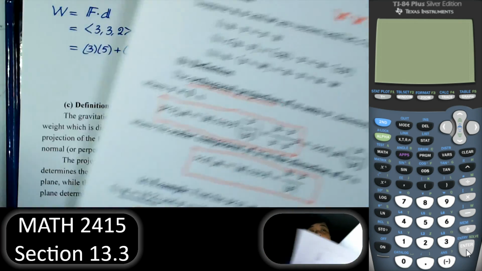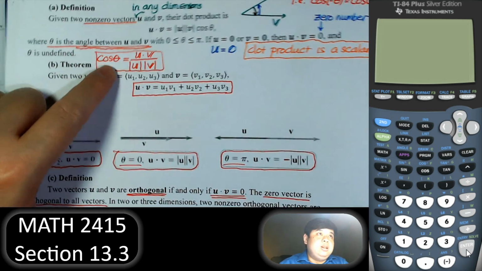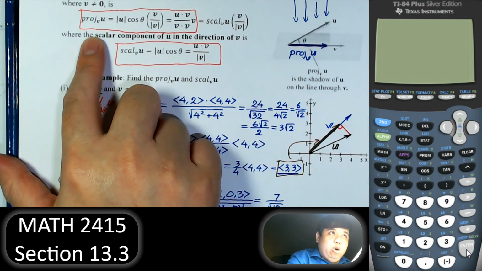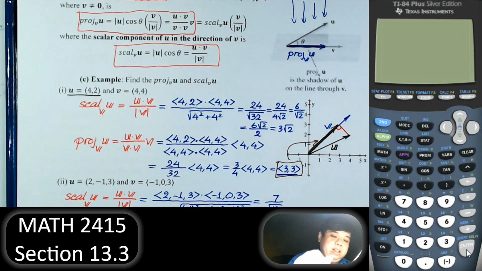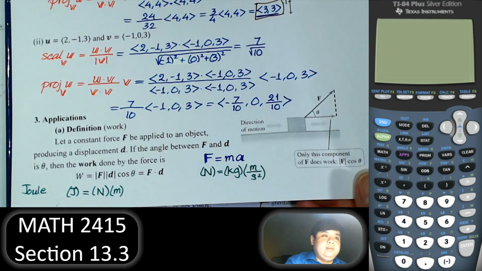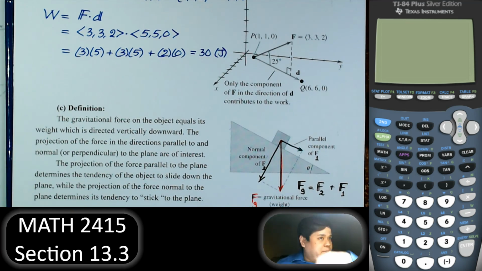With the dot product, we can determine the angle between two vectors, and then we can do the orthogonal projection of U onto V or the scalar component of U onto V. And an application of the dot product is work.